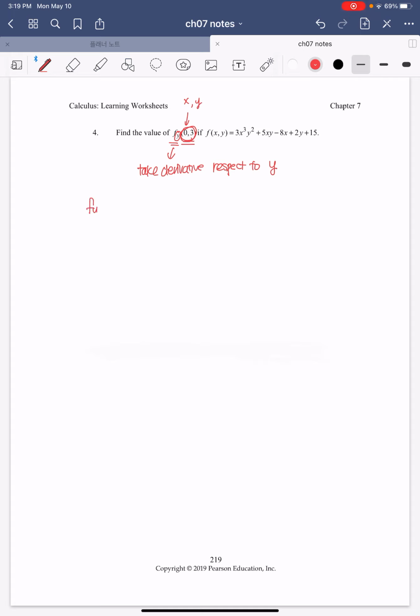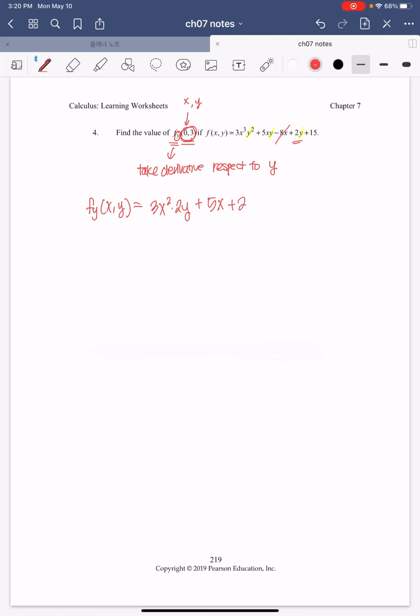So f sub y of x comma y will be, again, I'm going to highlight it so that I don't get confused. Y is the variable, y is the variable, and y is the variable. So x is a constant. Derivative of y squared is 2y, so 3x squared times 2y. Plus, derivative of y is just 1, so I have 5x. 8x is a constant, so it disappears.